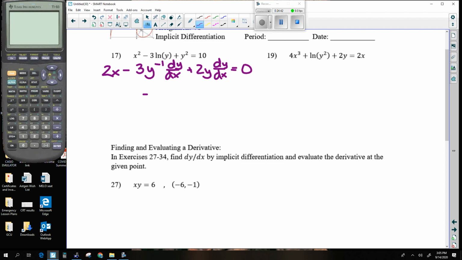So this is a negative 3 over y, or 3 plus 2y to negative 2x.